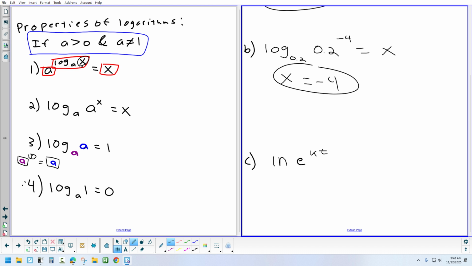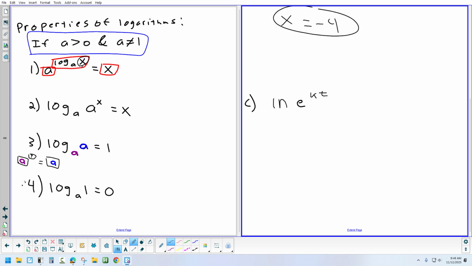It is the second one. Could we rewrite it in a way that makes that clearer? Yeah. Log base e of e to the power of kt.